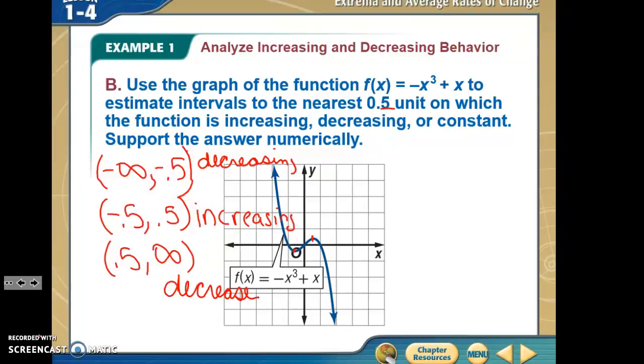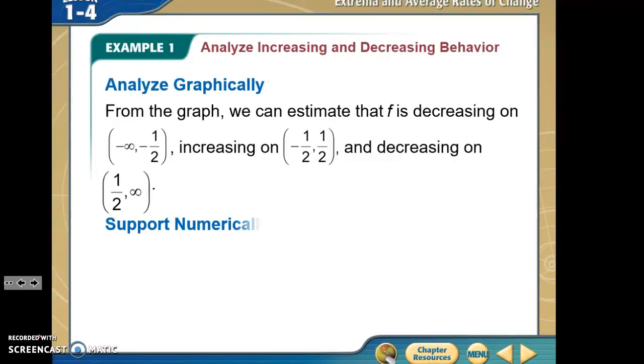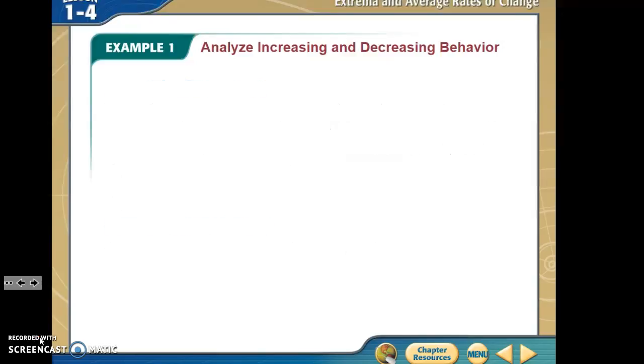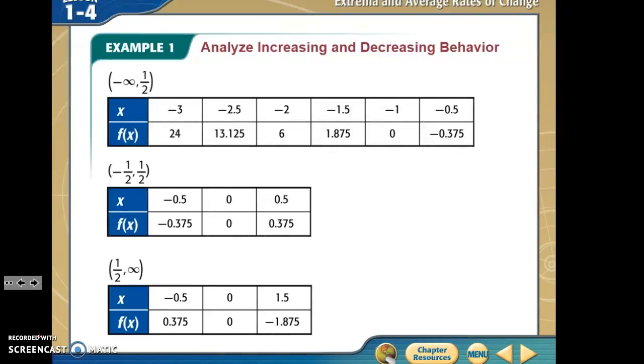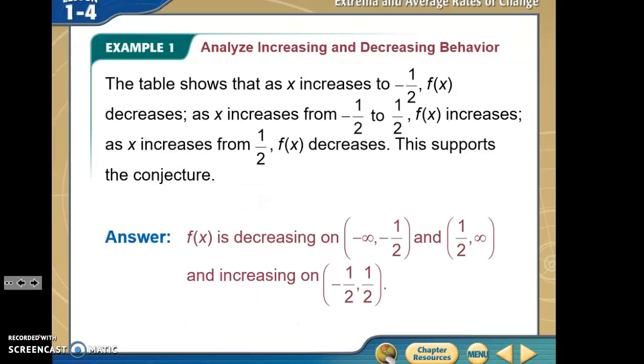It's approaching negative infinity. All right, so that's what we came up with. Any questions on increasing or decreasing?